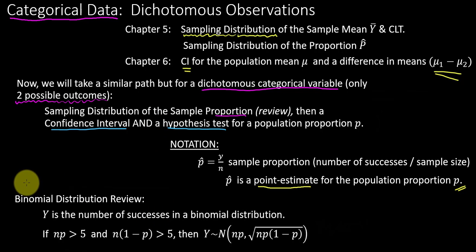Furthermore, back in chapter, I believe it was 3.6, we saw the first introduction to binomial random variables, and when we discussed sampling distributions of the sample proportion, we also saw that if these two criteria are met, if n times p and n times 1 minus p both exceed 5, then the binomial random variable should approximately follow a normal distribution with the specified mean and standard deviation.